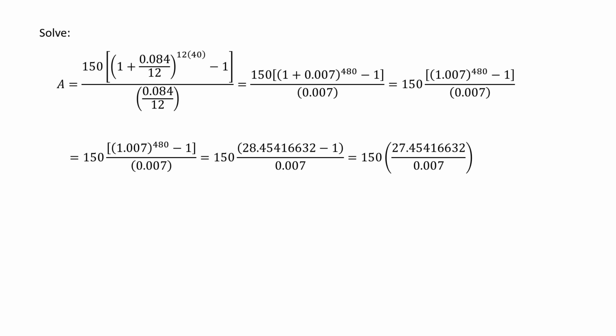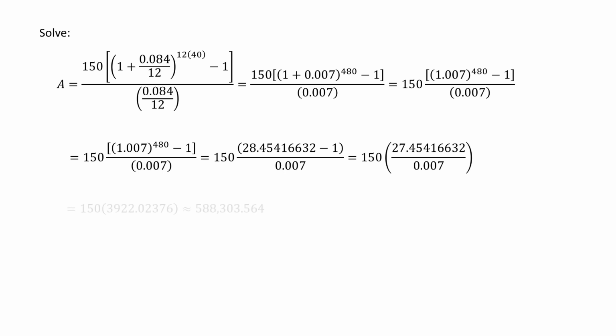Let's continue. In your calculator, key in 1.007 power 480, and then write the full expanse of your calculator digits. The digits on mine were 28.45416632. Remember to subtract the 1, and so in the next equals, I will have 150 times, in the numerator, 27.45416632 divided by 0.007.